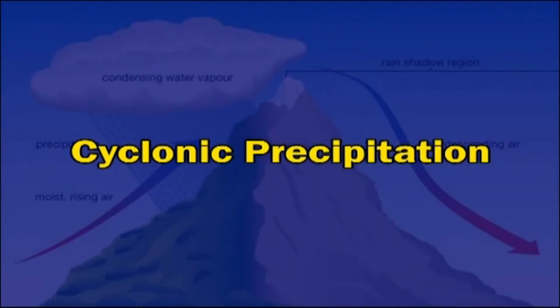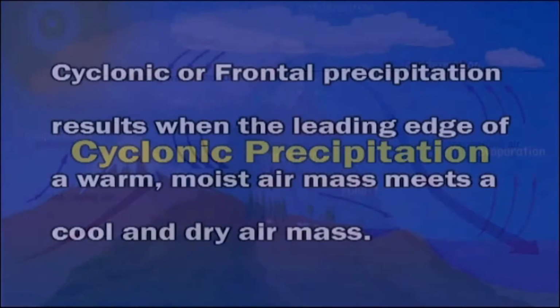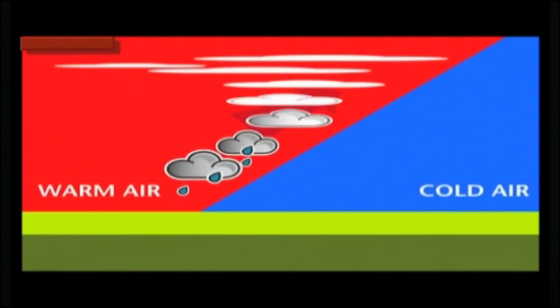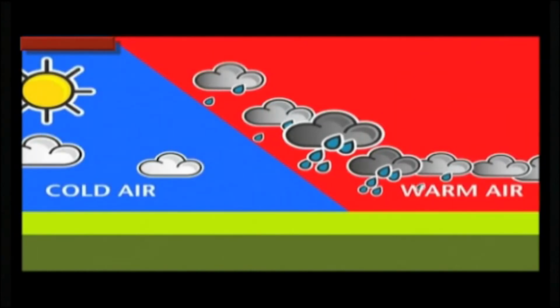Next is cyclonic precipitation. Cyclonic or frontal precipitation results when the leading edge of a warm, moist air mass meets a cool and dry air mass. The molecules in the cold air are more tightly packed together, and thus the cold air is heavier than the warm air. The warmer air mass is forced up over the cold air.